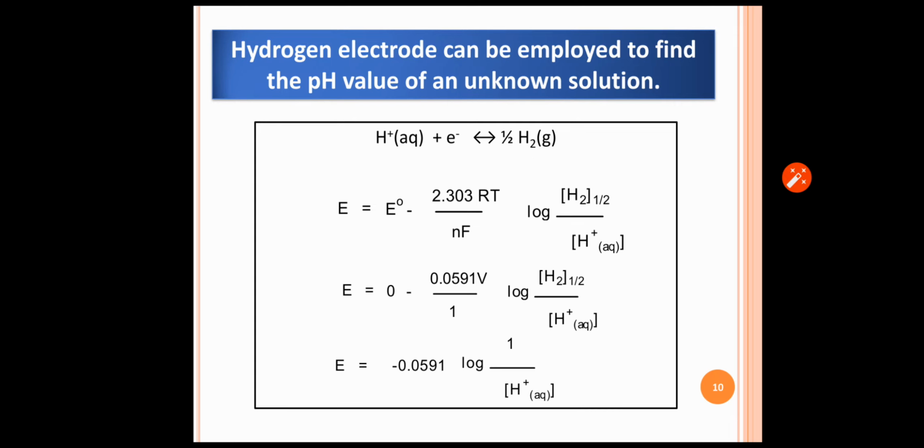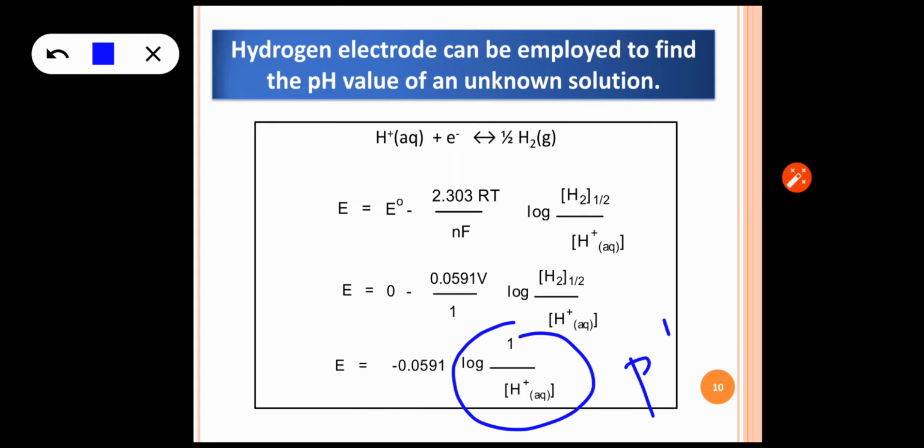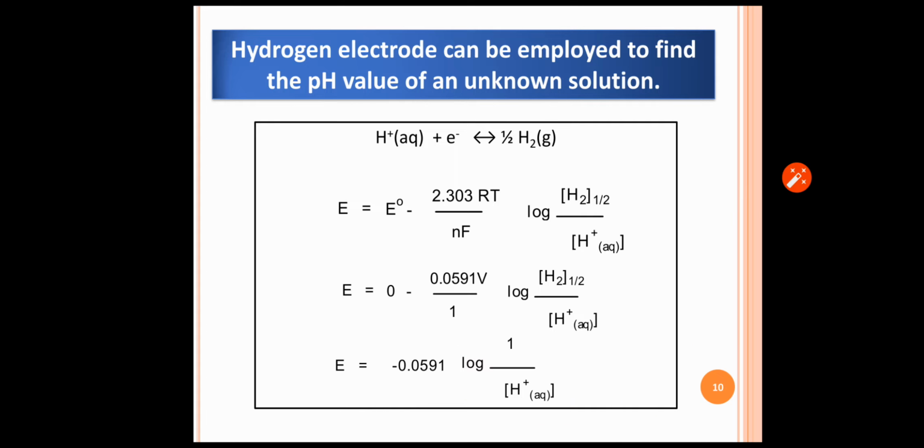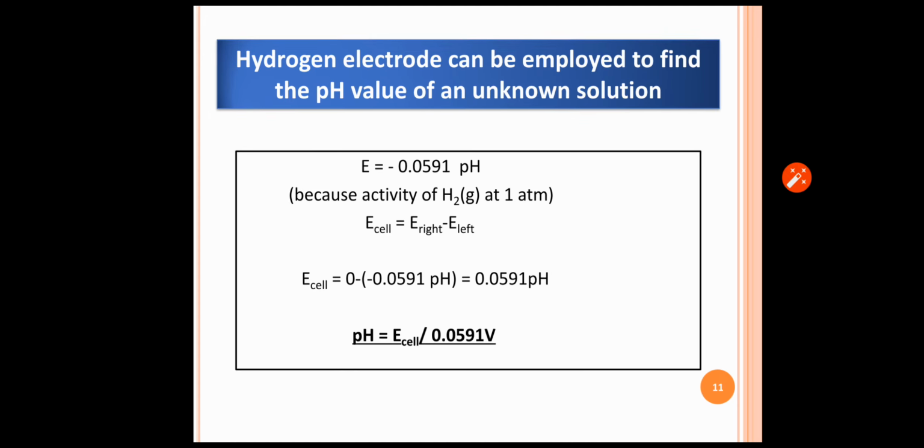In the previous expression, log of 1 over H plus concentration is taken as pH because pH is minus log H plus or log of 1 over H plus. In place of log of 1 over H plus, we can write pH, then the expression reduces to E is equal to minus 0.0591 pH.